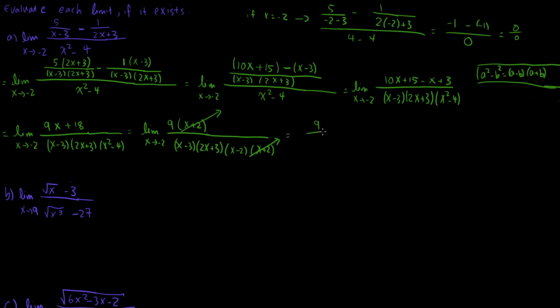So it would be 9 divided by minus 2 minus 3 times 2 times minus 2, which is minus 4, plus 3, and then minus 2 minus 2, which is minus 4. And this leaves you with 9 over minus 5, minus 1, minus 4, which will leave you with minus 9 over 20.